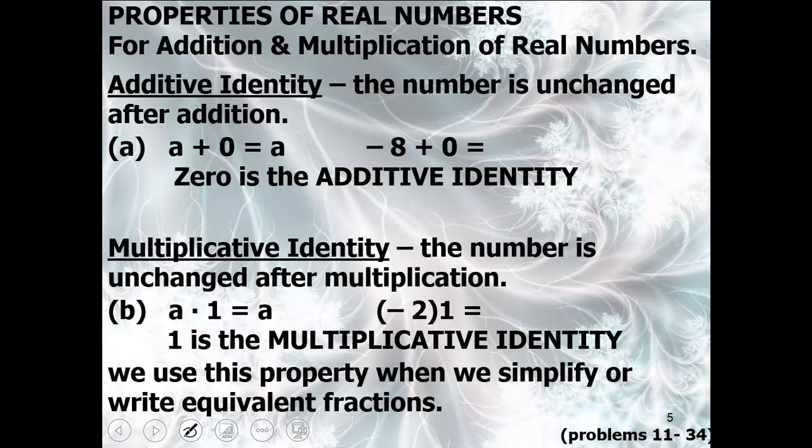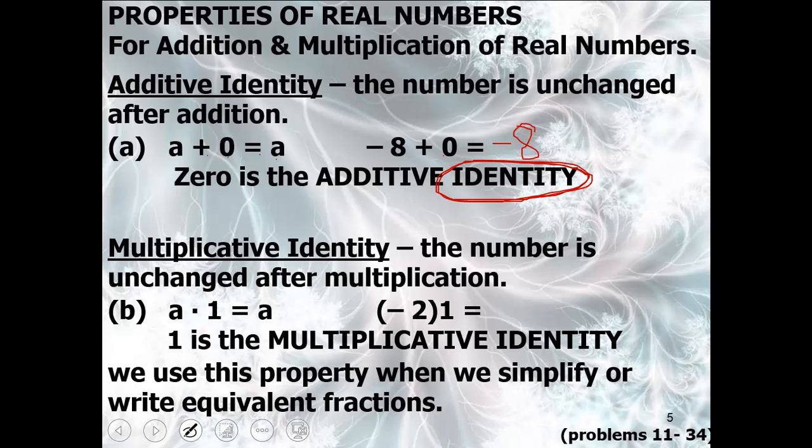When you add 0, the number is unchanged. A plus 0 is still equal to A. Negative 8 plus 0 is still equal to negative 8. So 0 is the additive identity because you get the identical number that you added 0 to.